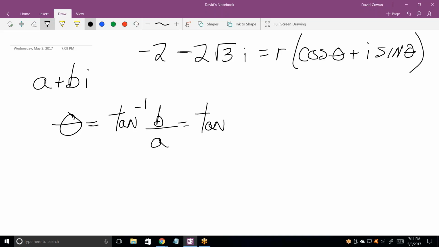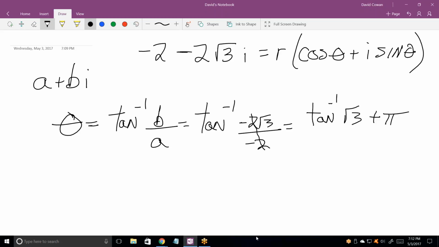If a is a negative number, you have to add pi. So it's going to be the inverse tan of minus 2 root 3 divided by minus 2, which is the inverse tan of root 3 plus pi, because the denominator is negative. Only because a is negative. It doesn't have anything to do with b. With me? Okay.